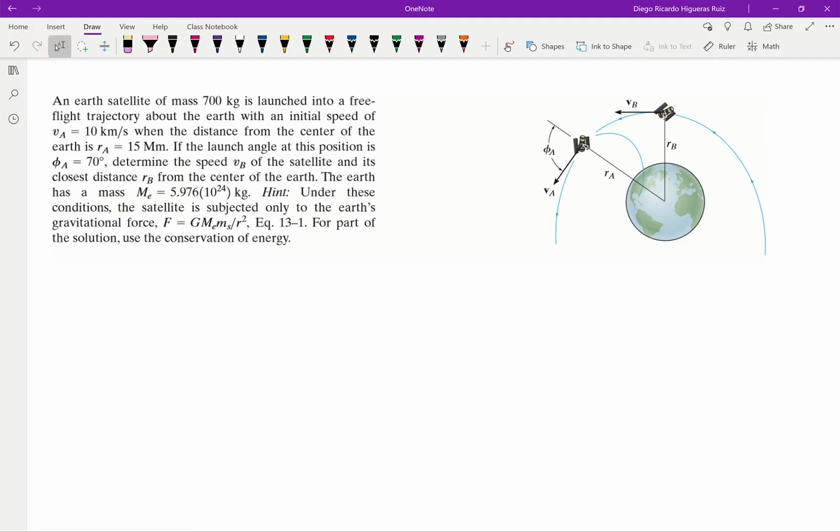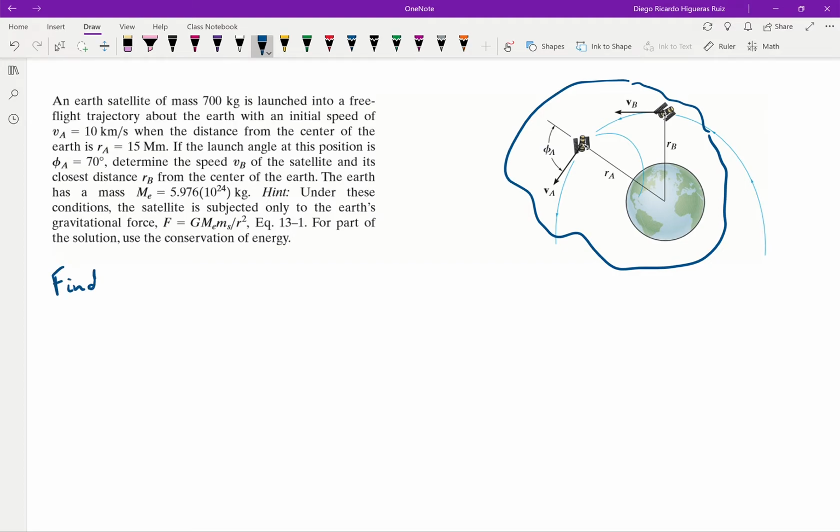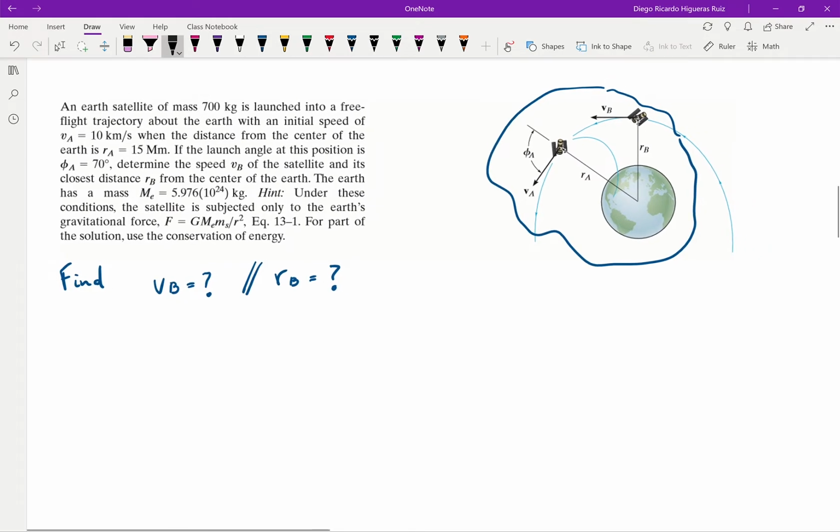We need to calculate the velocity. This is kind of nice because in the problem the diagram with the velocities is already given, and we need to solve VB and RB. Okay, so we're gonna start using conservation of angular momentum.